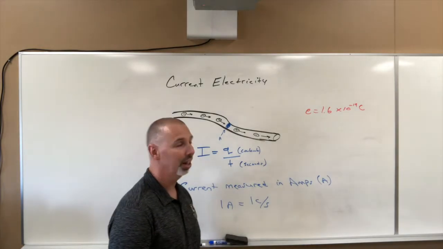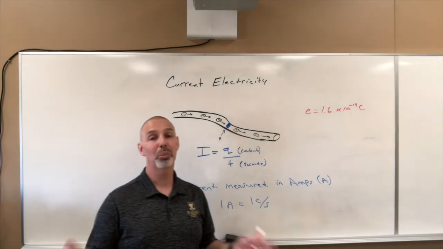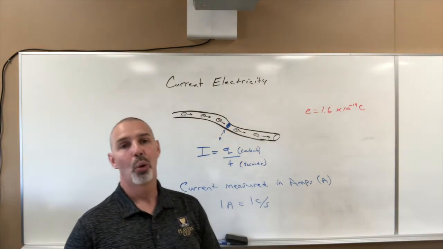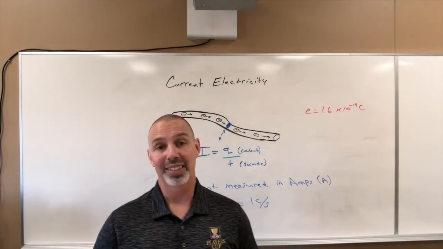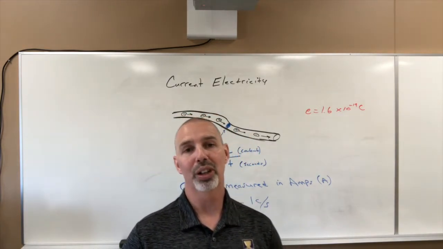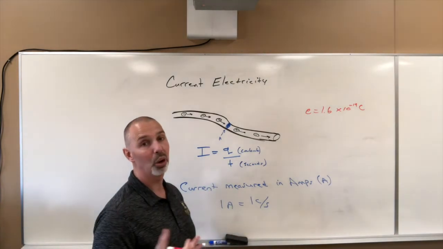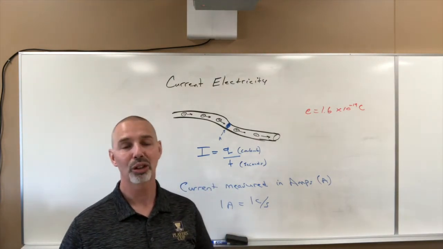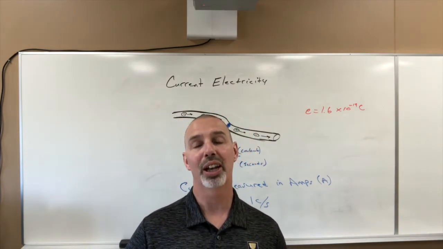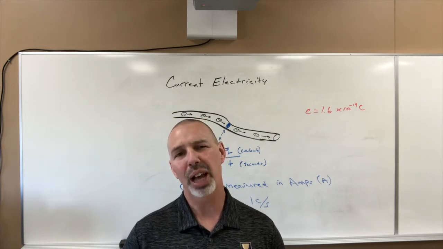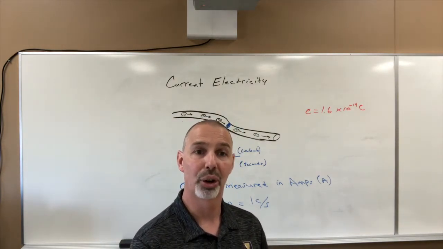Now, the thing that I erased was a directional part, and this is just based on technology. When scientists were doing initial investigations on current, on moving electrons, they defined current as moving in one direction. Then as technology improved, they realized that it was the electrons that were moving that created the current, and electrons actually moved in the opposite direction from what they had defined current to be.